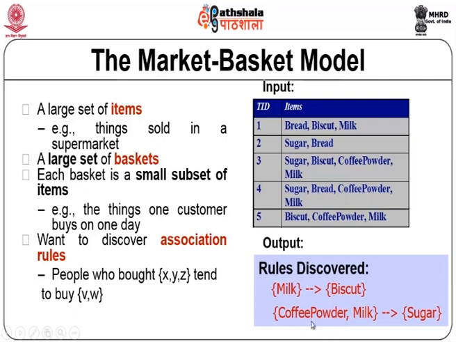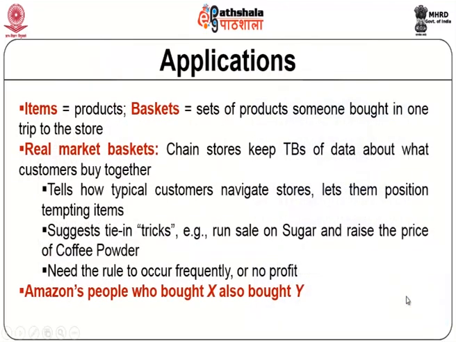Similarly, another rule: if a person purchases coffee powder and milk, then there is an implication that the same person may purchase sugar together. Now, what is the overall idea behind discovering such rules? One simple application is market shelf management.